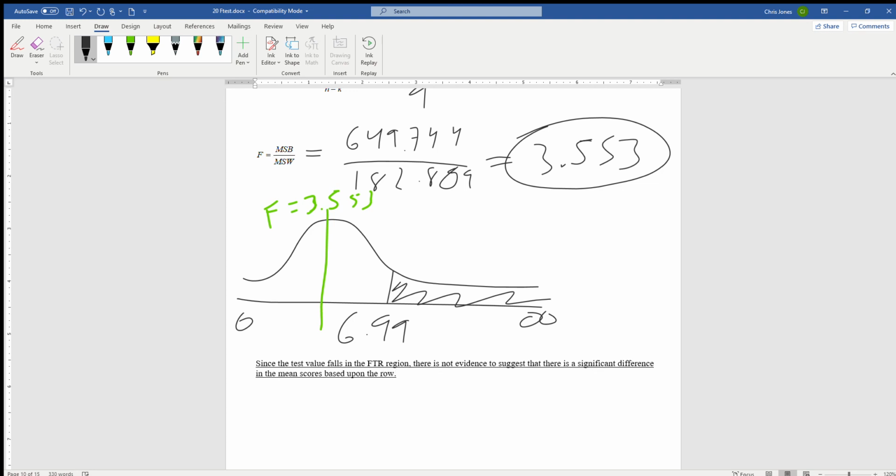So basically what that means is no matter what row you sit in, you're not going to have a significantly different average score. And again, this is only because there are only 13 samples. With more samples, we certainly would end up with a reject for this.